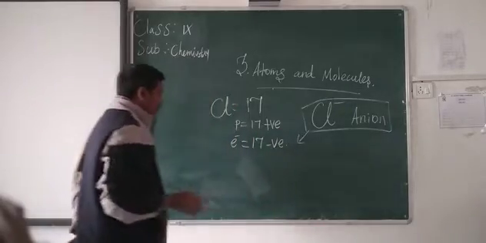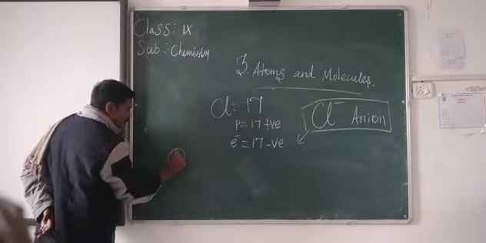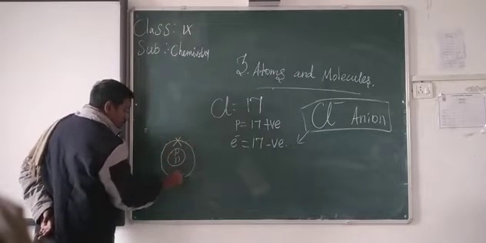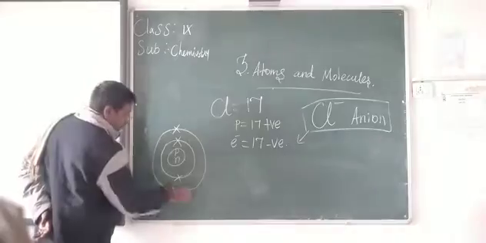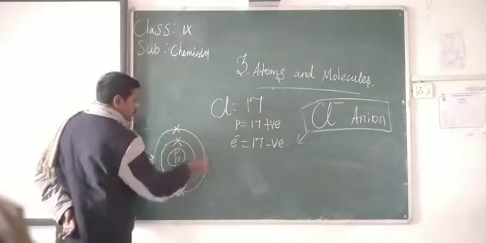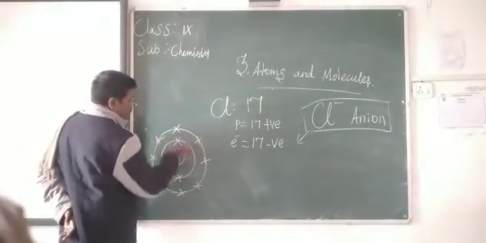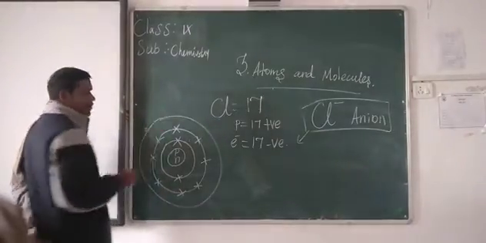Okay, now let's draw that. In the middle, protons and neutrons will be present. In the first shell there will be 2 electrons. In the second shell there will be 8. Then in the next shell, how many electrons can be filled now?